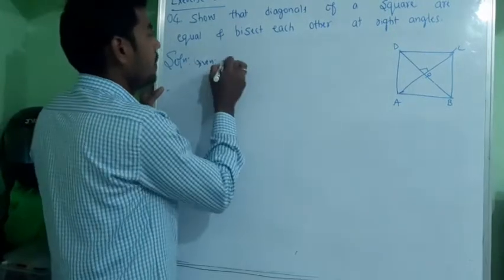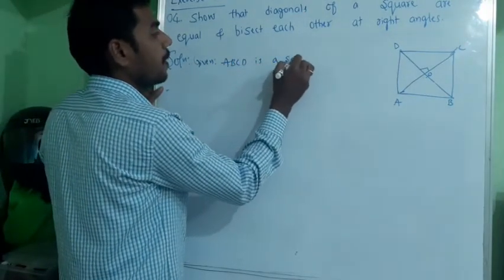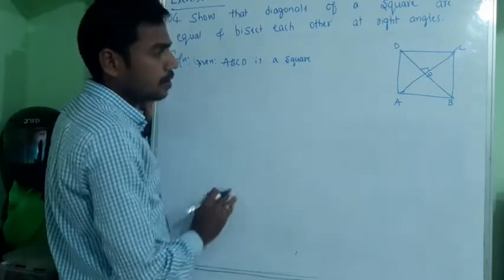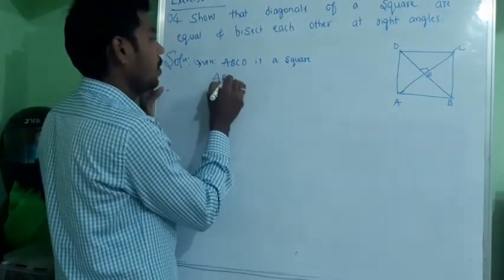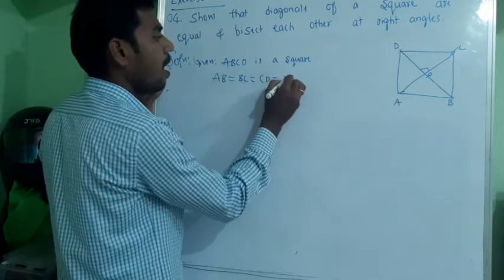Given ABCD is a square. So ABCD is a square, then AB is equal to BC is equal to CD is equal to AD. All the sides of a square will be equal. Now what is required for us to prove?